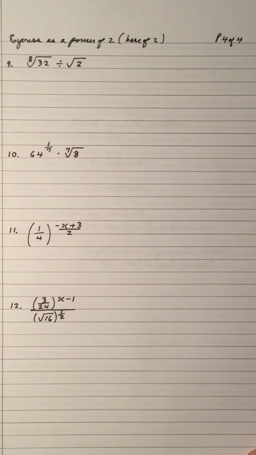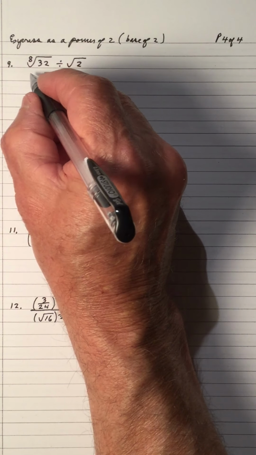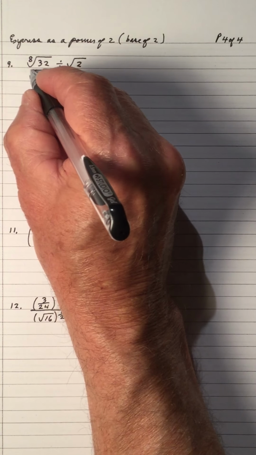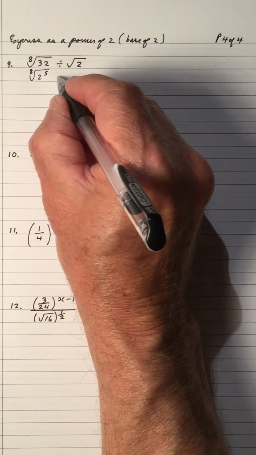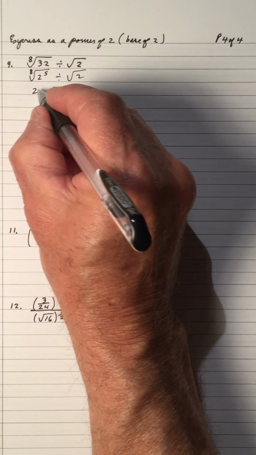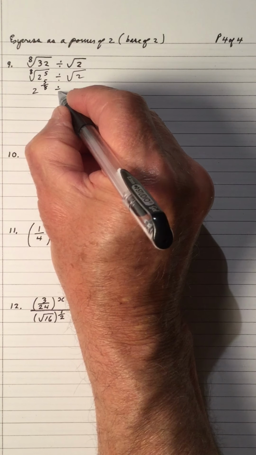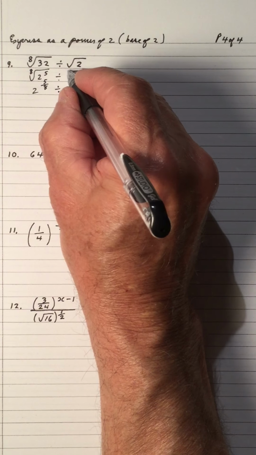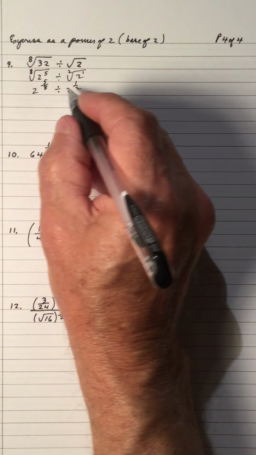Okay, let's continue. Let's do some more practice. We want to express as a power of base 2. So that's the 8th root. 32 is 2 to the 5 divided by the square root of 2. That's 2 to the 5 over 8 divided by square root of 2, which is 2 to the 1/2.